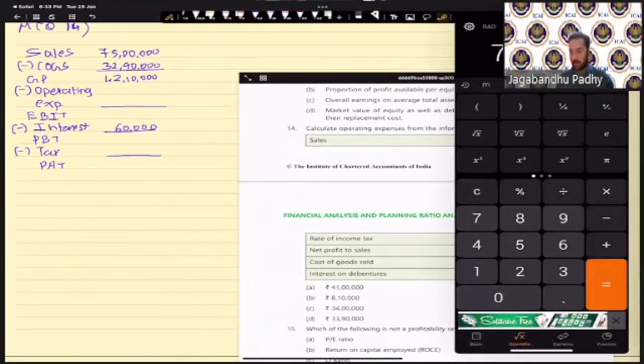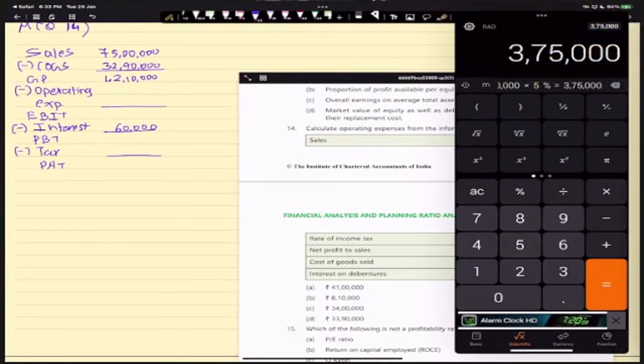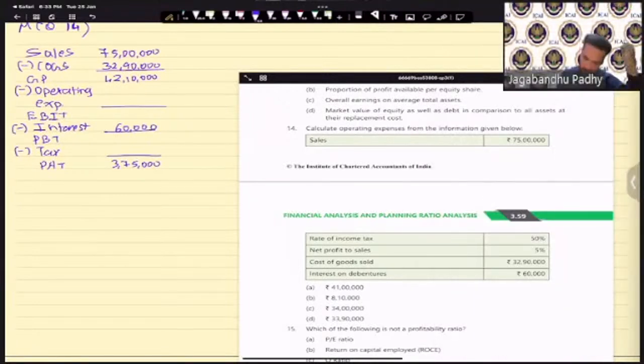So 75 lakh into 5%, our PAT is 3,75,000. Now, the tax rate is 50%. So if the tax rate is 50%, it means if your PBT is 100, tax is 50, PAT is 50.